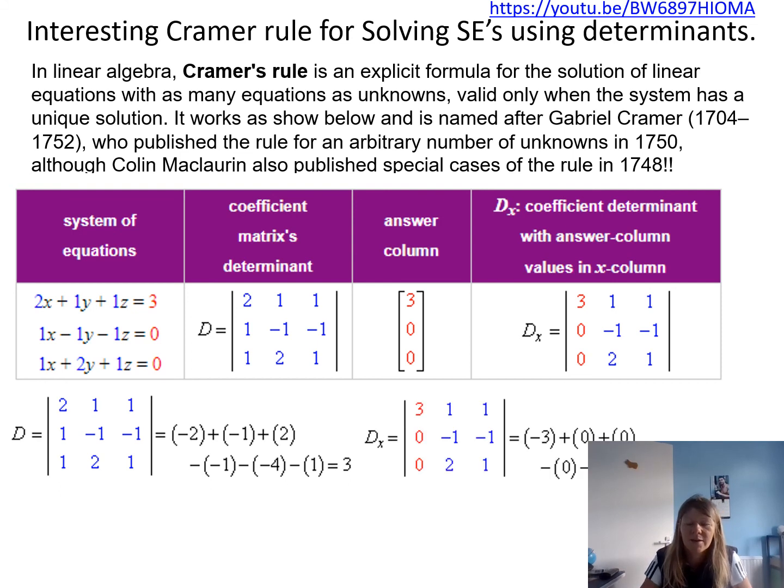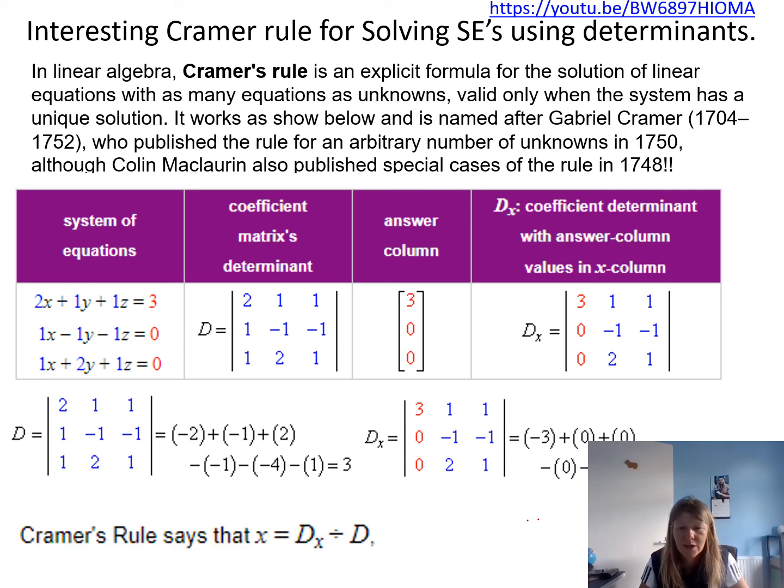If you find the determinant of dx, that must have been 3 as well. Then you do the determinant of dx divided by the determinant of D, so it was 3 divided by 3, and it gives you 1. So that's the value of x.